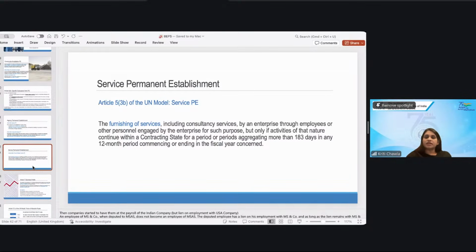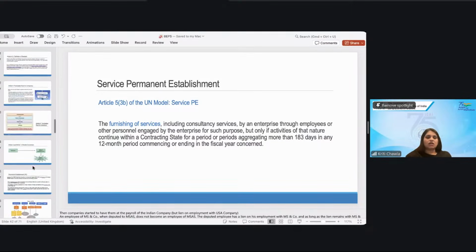If services are being rendered by personnel, including consultancy services, or by employees or other personnel from the residence country to the source country, and if these services are being rendered for more than 183 days in any 12-month period, well, then it's going to construe a service permanent establishment. So as an example, providing consultancy services by the employees or other personnel in the source state can construe a permanent establishment for the resident state. What kind of permanent establishment? A service permanent establishment.